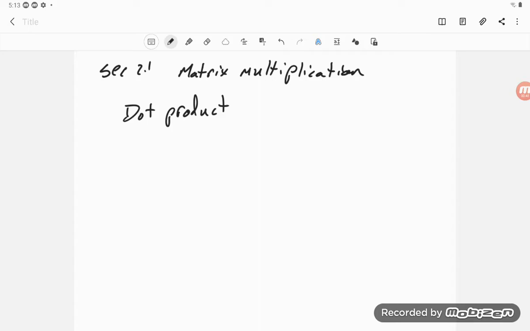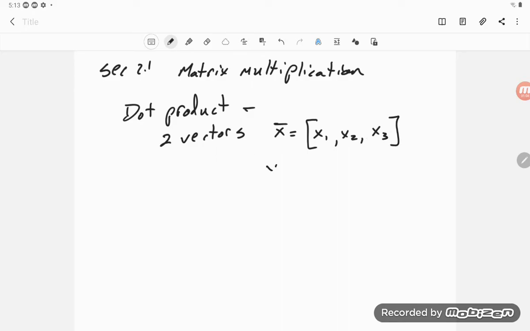So a dot product, okay, so let's look at how that works. So suppose I have two vectors. We have x, and that is, say, x1, x2, x3, and y, and that's y1, y2, y3.